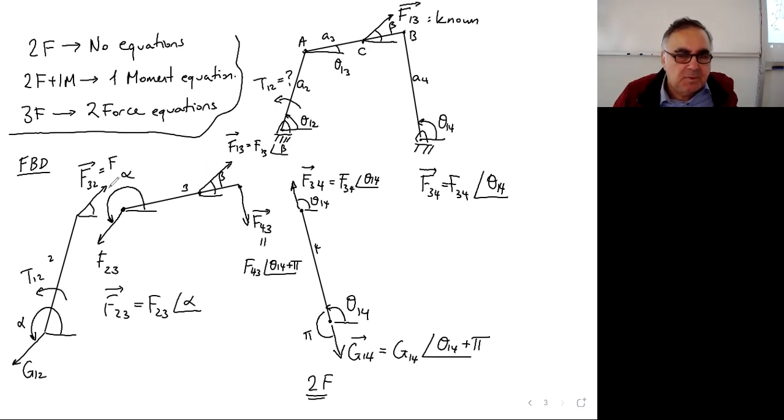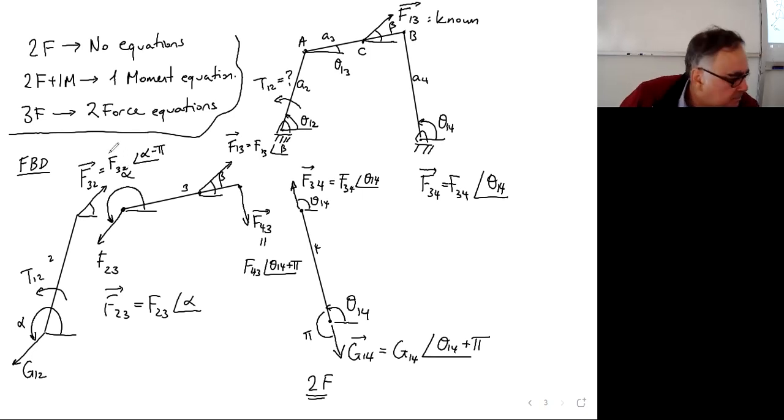what will that be? F32 with an angle of alpha minus pi, I suppose. Or you can, it doesn't really matter. You can even say alpha plus pi. Minus pi and plus pi gives you the same thing, isn't it?